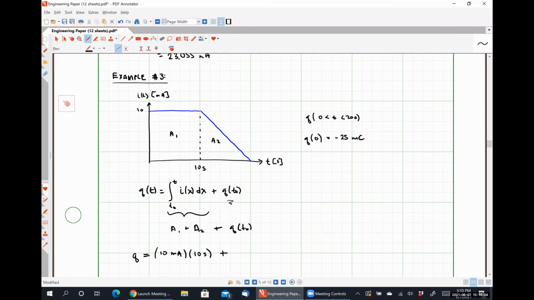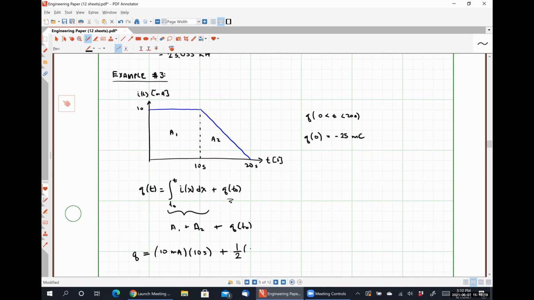What is area 2? What's the equation for the area of a right triangle? 1/2 the base times the height. Right. So 1/2 times 10 milliamps times 10 seconds. 10 milliamps is the height, and then 20 seconds minus 10 seconds, and I had to hurriedly draw in 20 seconds there because I forgot to label it.